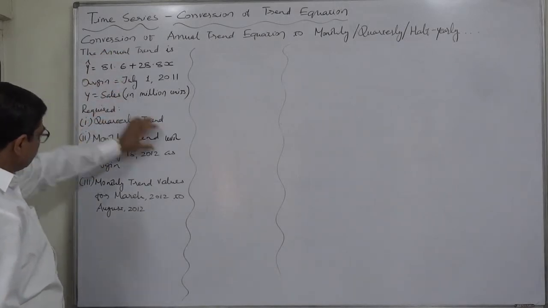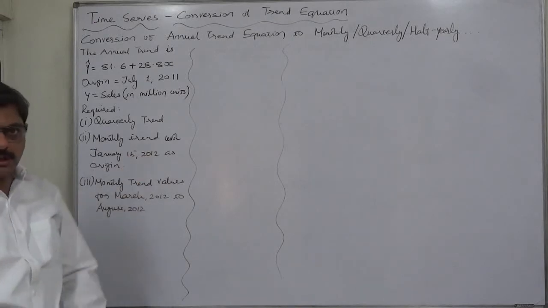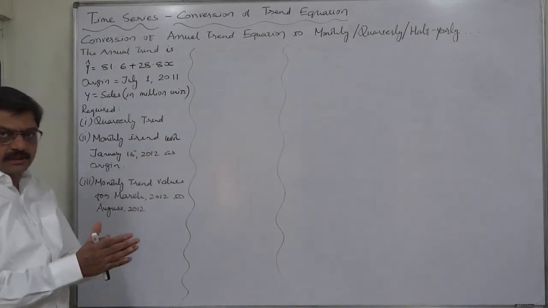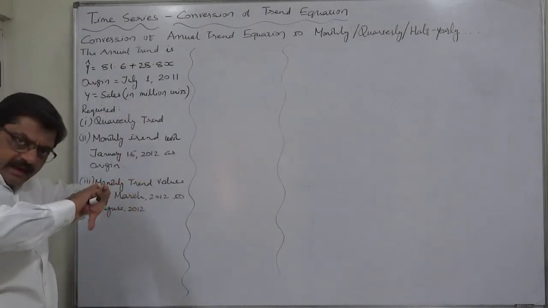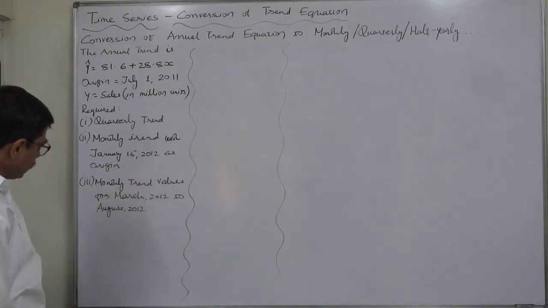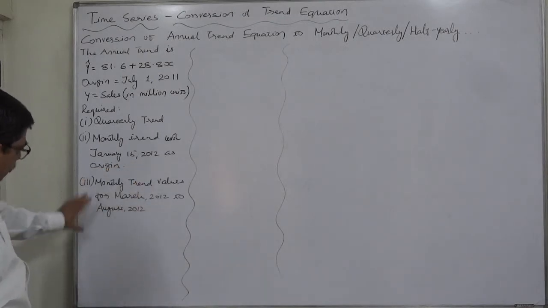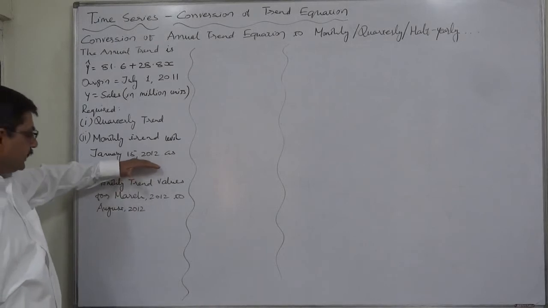Number 2, monthly trend with January 15, 2012 as origin. So we have to give this answer in two steps. First, find the monthly trend and then shift the origin to January 15, 2012. And number 3, monthly trend values for March 2012 to August 2012 on the basis of this.